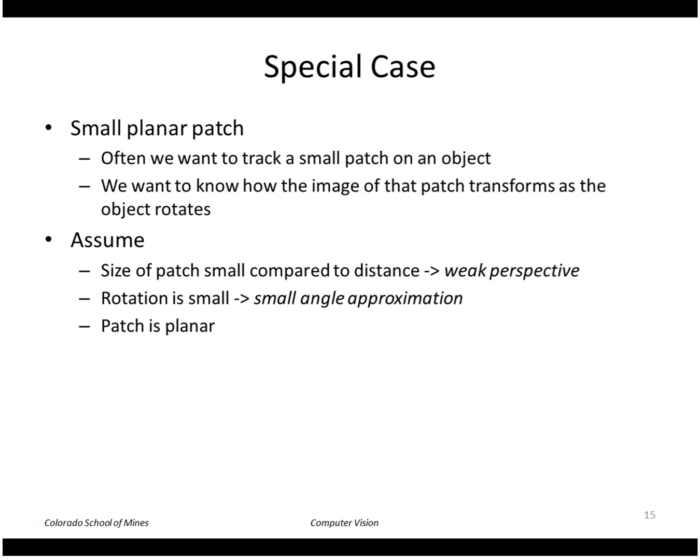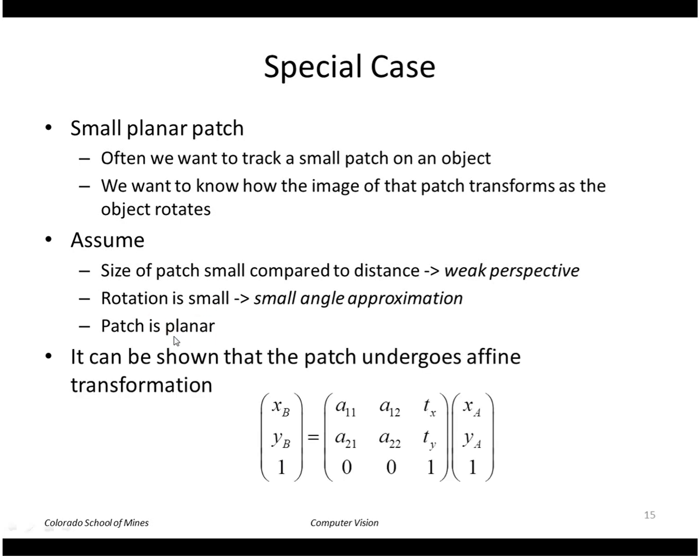And of course, I'm assuming the patch is planar. So it can be shown, and I show this in a different slide presentation, that the patch undergoes an affine transformation. So if I look at a point in image A, then the same point in image B is given by this transformation matrix. This is even simpler than a homography because it only uses 6 coefficients instead of 9.